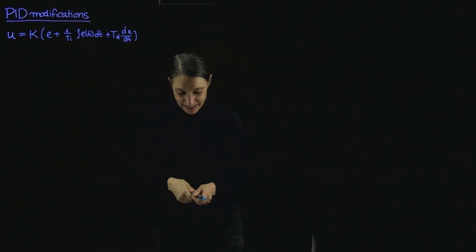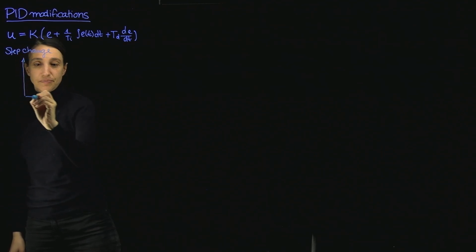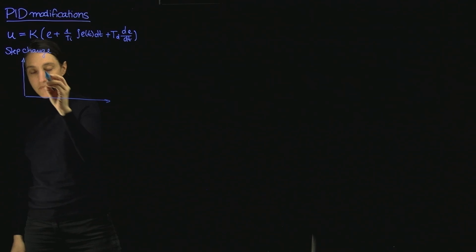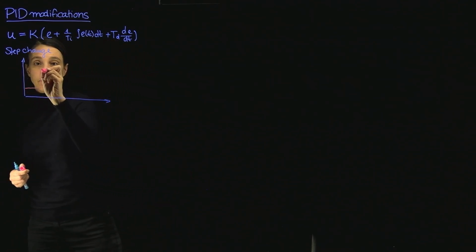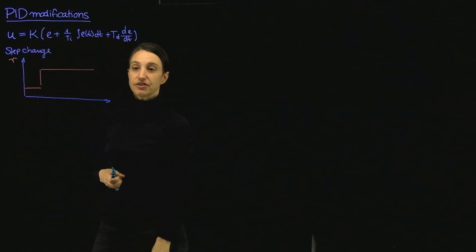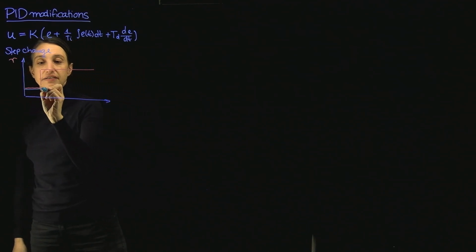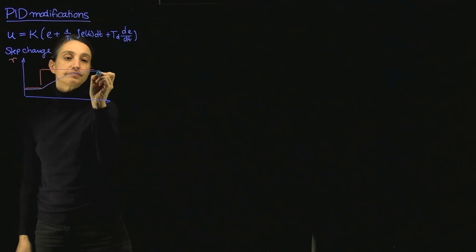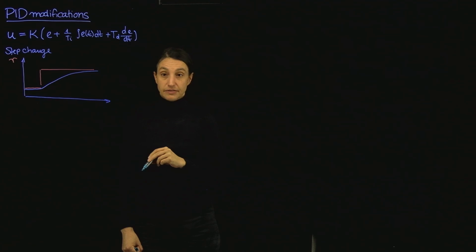Okay, so let's start. Consider a step change. I have the step change here. I have now in pink my set point that changes stepwise, and if my controller is a PID controller, it's going to follow the step change.